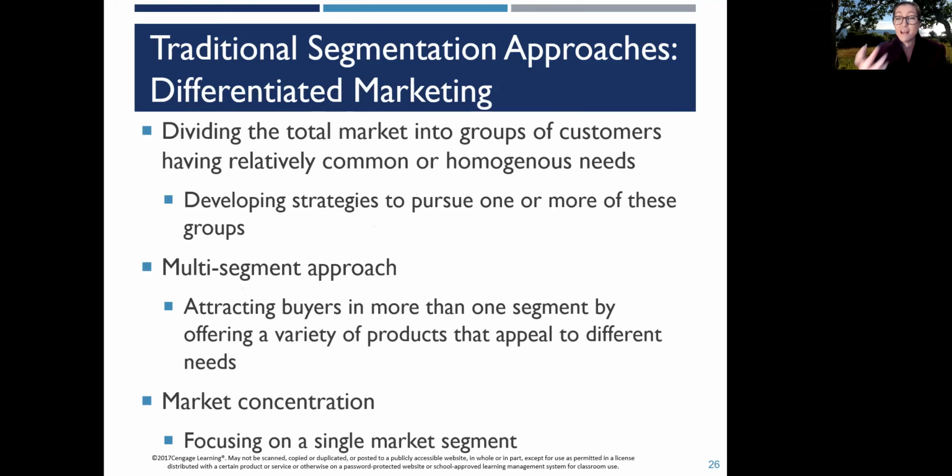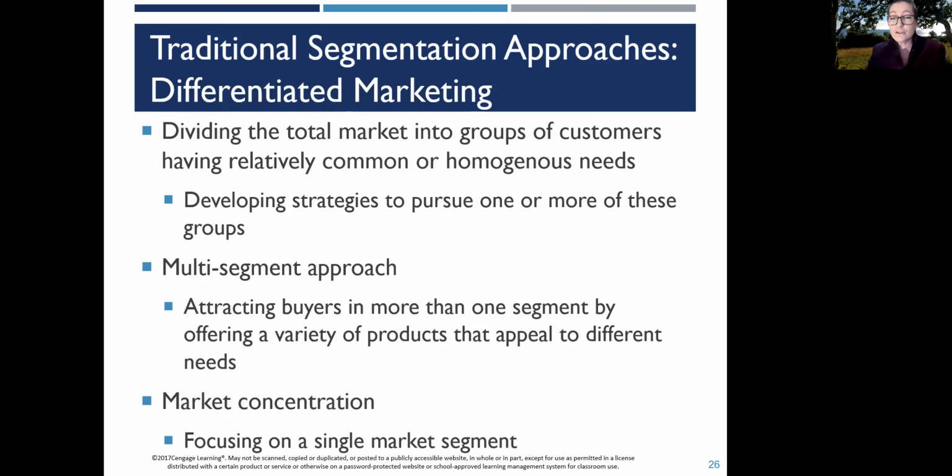So Ford today, unlike the undifferentiated strategy used by Henry Ford in 1910, with the one T model designed and delivered for the total market, uses a differentiated market approach where they divide the total market into segments, recognizing that groups of customers have similar, homogeneous needs.